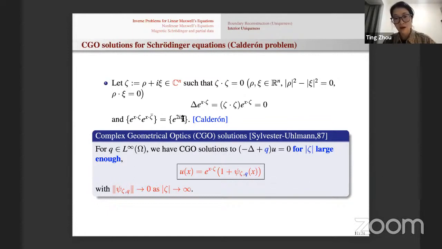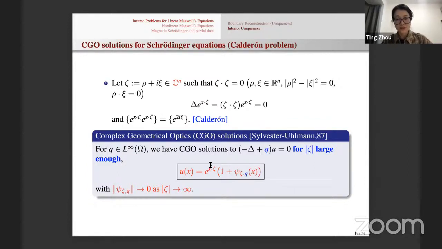So if you have all directions xi, and you multiply by the potential Q, you get the Fourier transform. But since we have the potential Q, we are looking for the solution of the Schrodinger equation, and this was taken care of using a perturbation idea, by introducing a tail psi that has smallness, going to 0 with respect to the magnitude of the complex vector zeta. So that was the CGO solution.